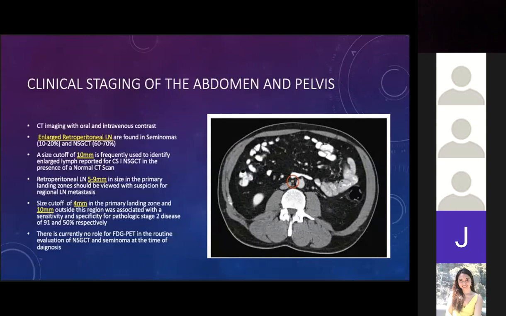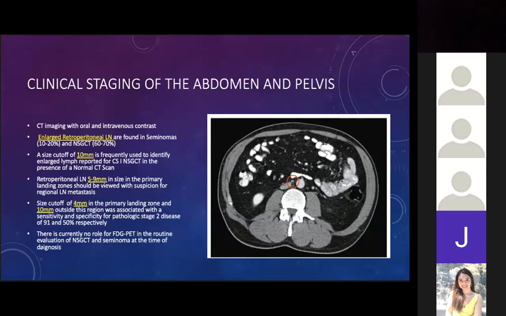Enlarged retroperitoneal lymph nodes are found in 10 to 20% of seminomas and 60 to 70% of non-seminoma germ cell tumors. Usually a size cutoff of 10 millimeters is frequently used to identify enlarged lymph nodes reported for clinical stage 1 non-seminoma germ cell tumor in the presence of a normal CT scan.